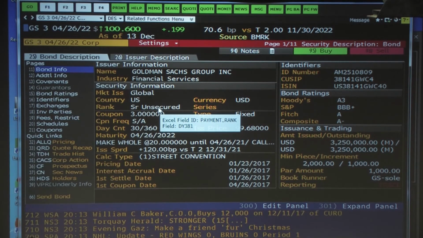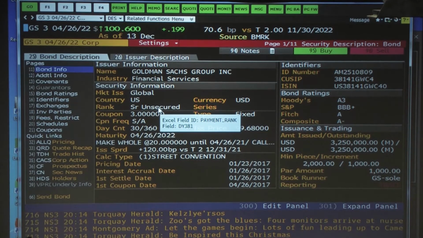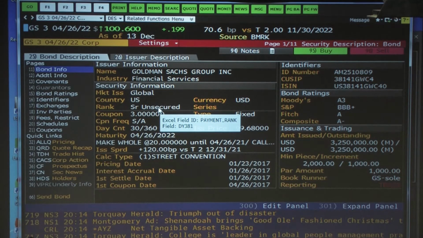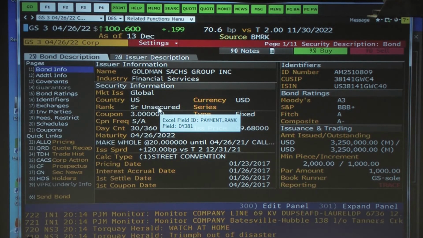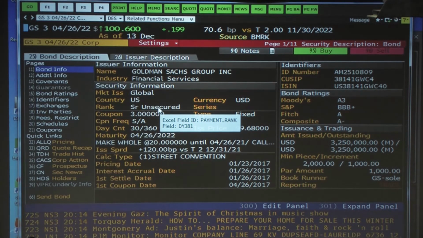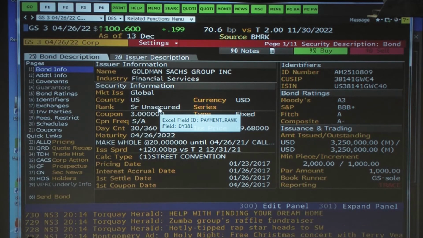This one is a senior unsecured bond, so of all the unsecured bonds that Goldman Sachs offers, this one would rank above the others. So if a company actually went bankrupt, let's talk about that. What is the rank and order of all the debts that the company would have to pay off?